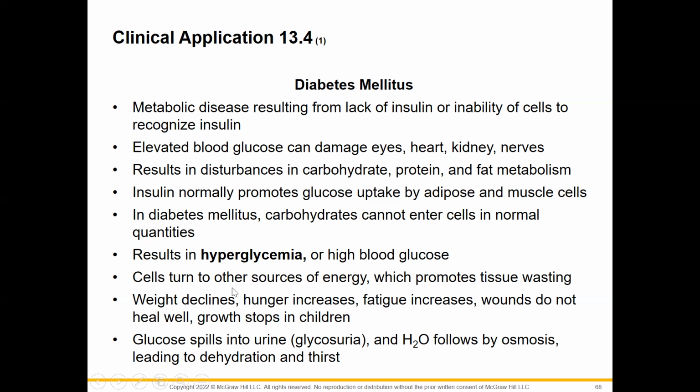So, because you are turning to these alternate energy sources, this is going to promote tissue wasting. So, if you have to start making glucose from amino acids, where do you think you're getting the amino acids? Amino acids will come from your proteins.